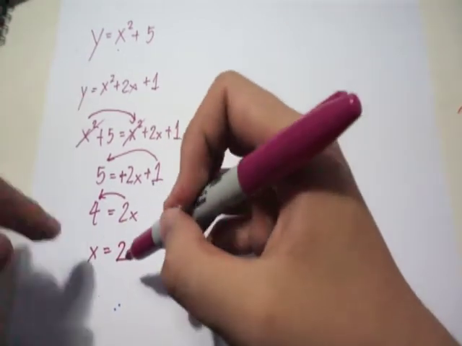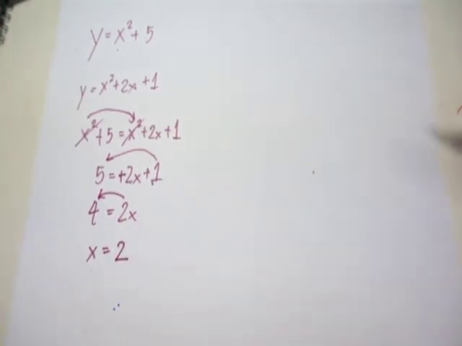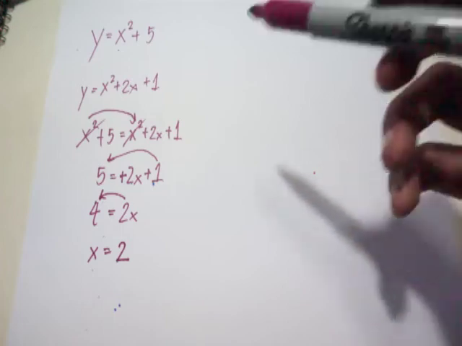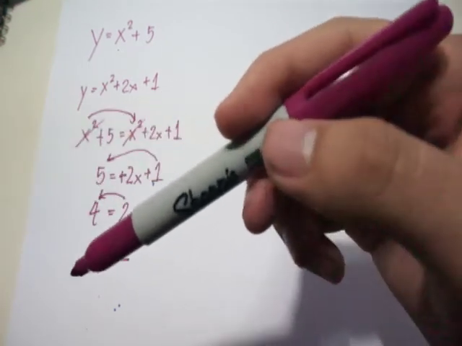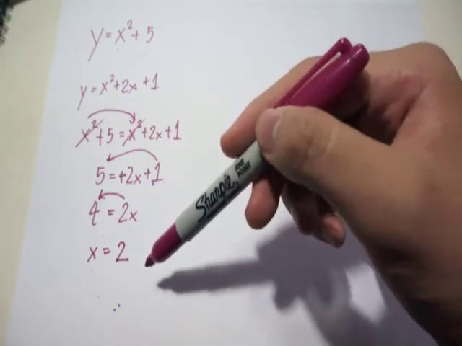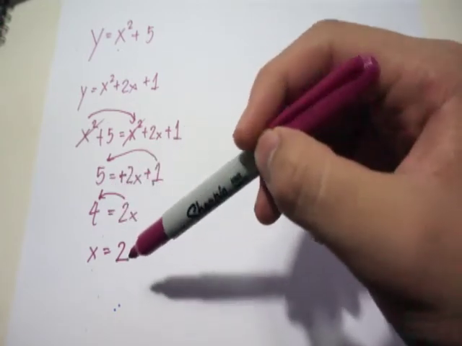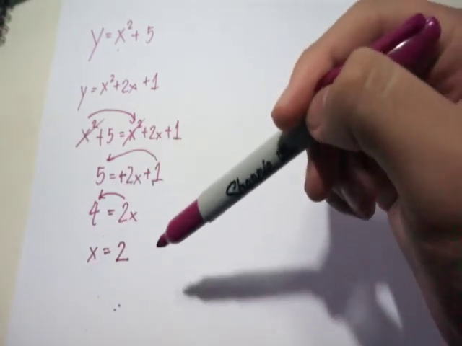Now we have the x number, which is the x coordinate of the point where they meet, and this is the parabola that only has 1 point of intersection.